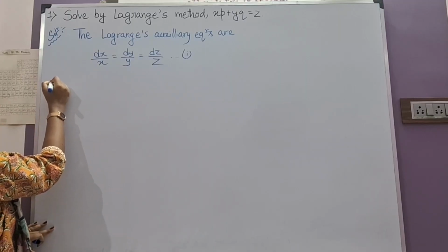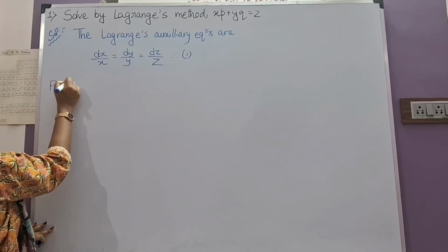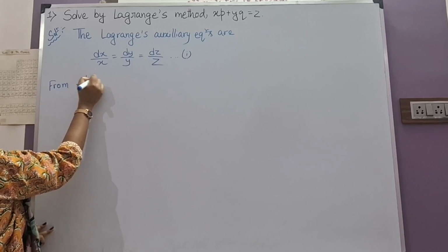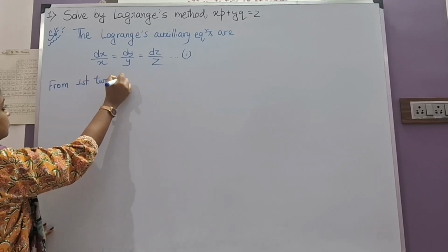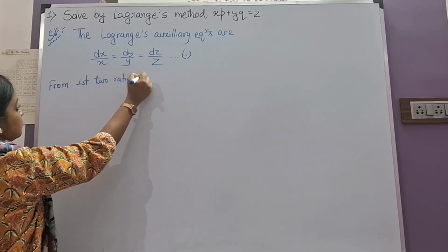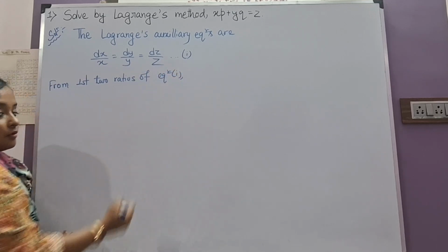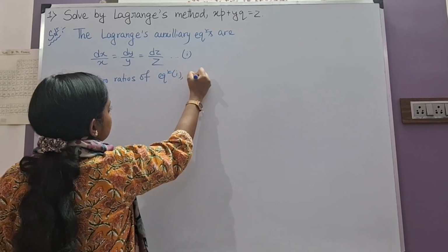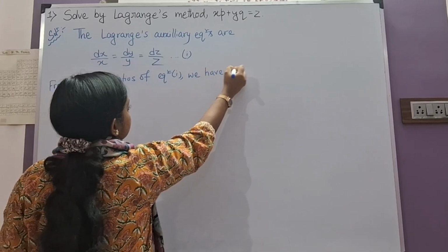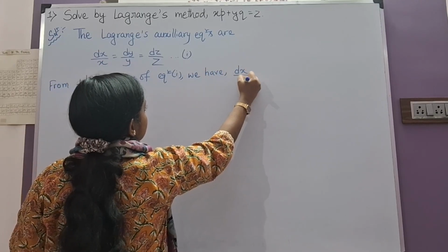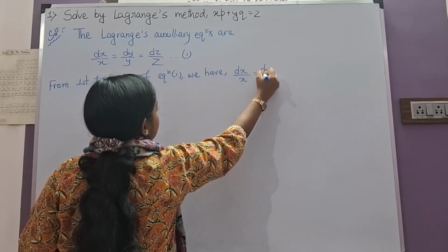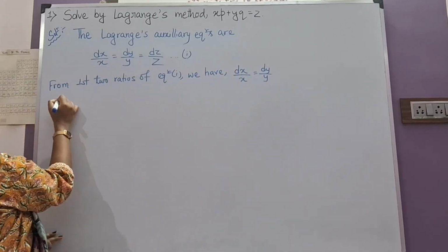So from the first two ratios of equation number 1, what we get? We have dx by x equal to dy by y.